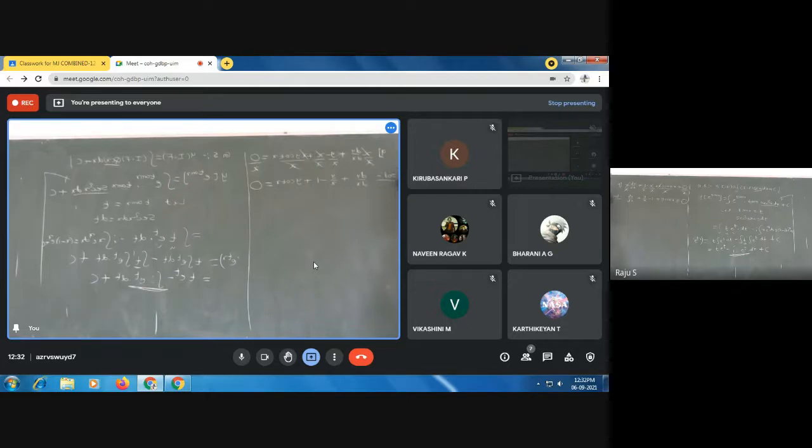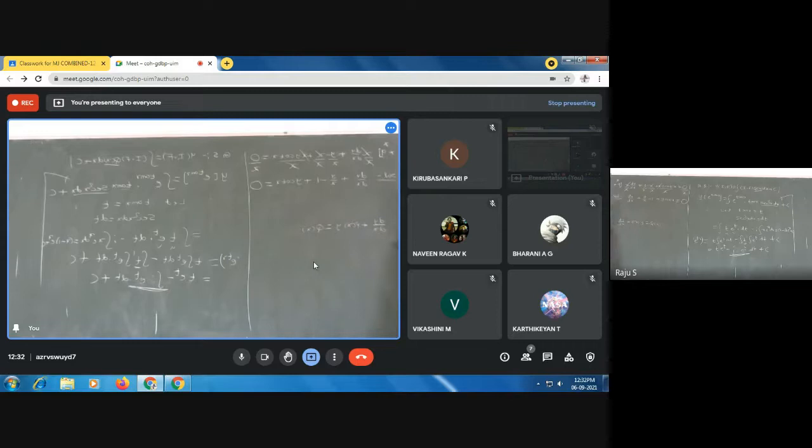Next, this is important. How can you change it to standard form? What is the standard form? The standard form is dy by dx plus p of x into y is equal to q of x.